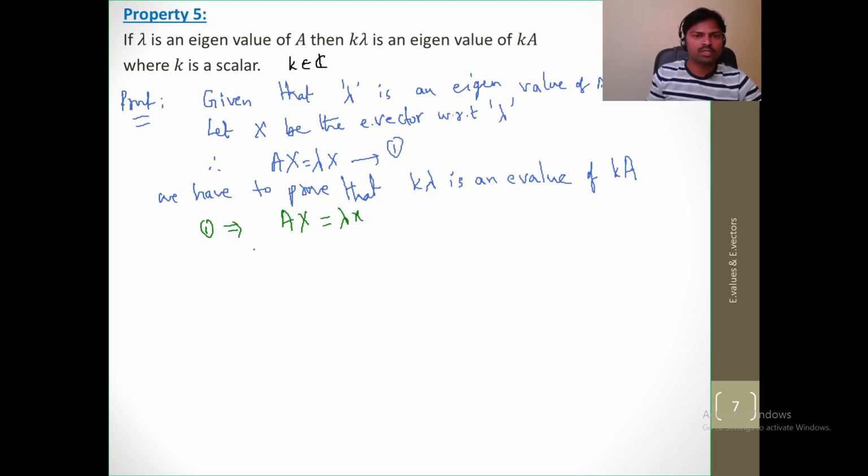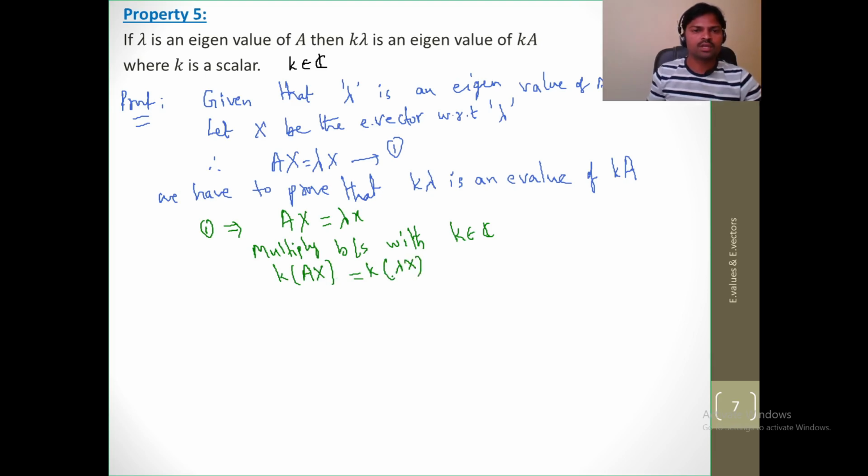Now multiply both sides with k, a number. K belongs to some complex number set. Take one number from the complex number set, multiply both sides with this. Then what will you get? K into Ax, and here k into lambda x. Since k is a number, you can multiply these two matrices and then multiply with k, or simply take k inside, no problem, because it is a number, it is not a matrix.